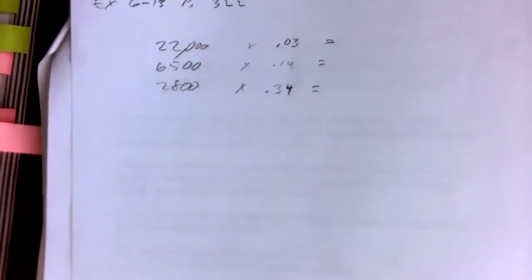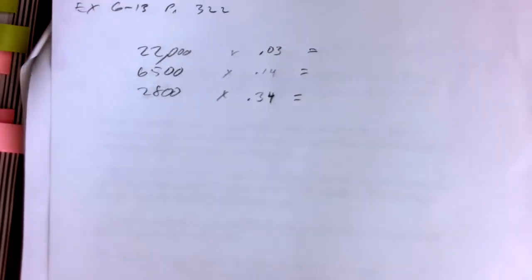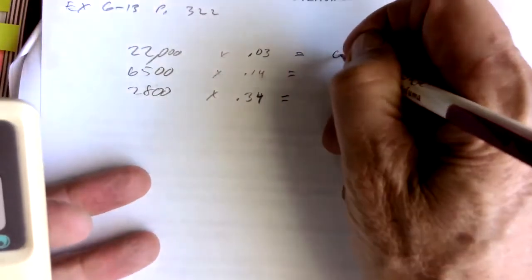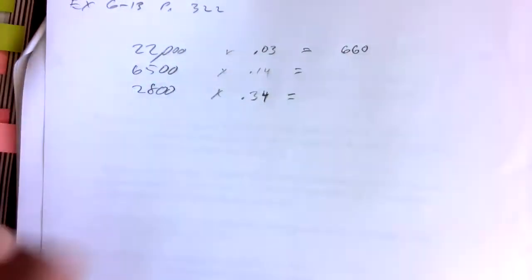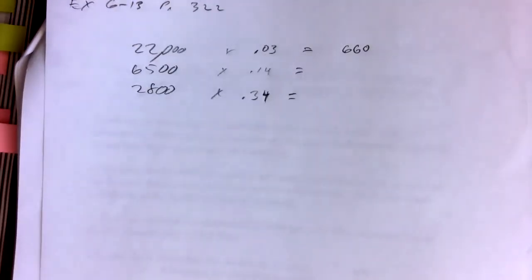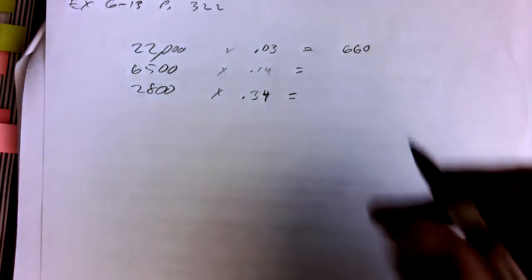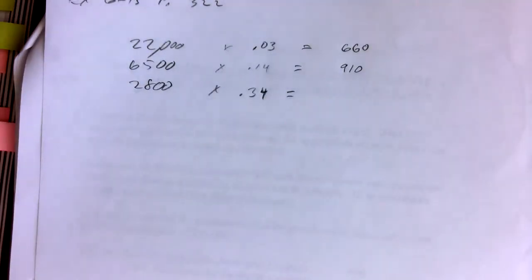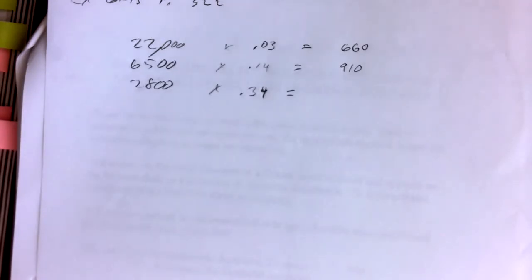Okay, so I'll do a little quick math here. Helps if you enter the correct number. 22,000 times 0.03 equals 660. That's what I was getting in my head, but it always pays to do it on your calculator just in case. 6,500 times 0.14, I'm getting 910, and 2,800 times 0.34 equals 952.